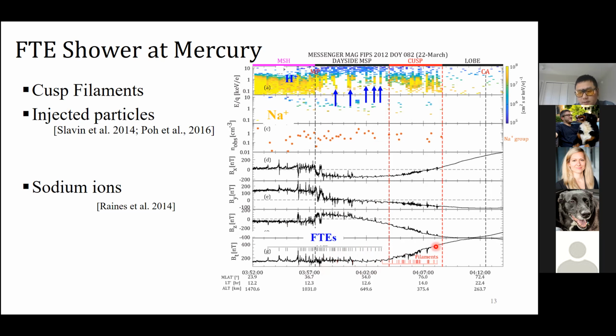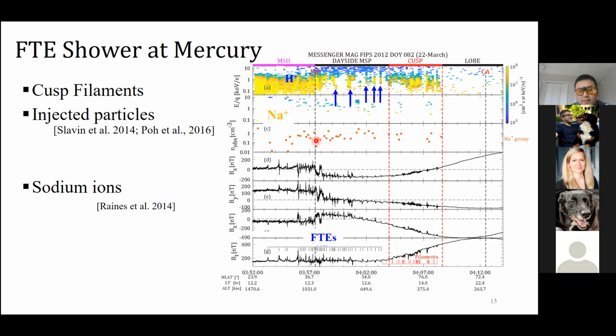At the same time, in the cusp region, there are many magnetic depressions in the total magnetic field intensity here. We call them plasma filaments, which should correspond to the injected solar wind particles, which diamagnetically decrease the magnetic field intensity and cause those magnetic depressions in the cusp region.